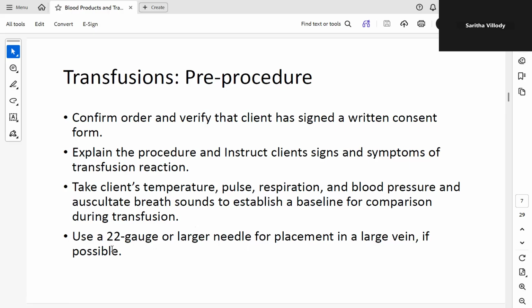So 24 to 18 gauge needles can be used. But for massive transfusion, we probably would use 18 or 20 when a patient is crashing. But we can use any size needle as per the Infusion Nursing Society and the Canadian Vascular Access Association.